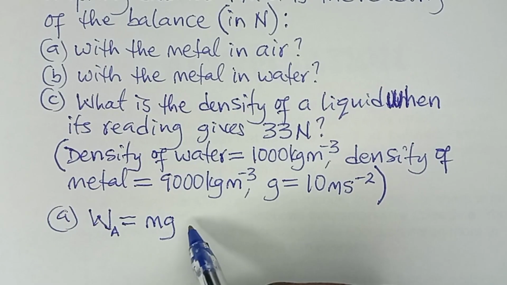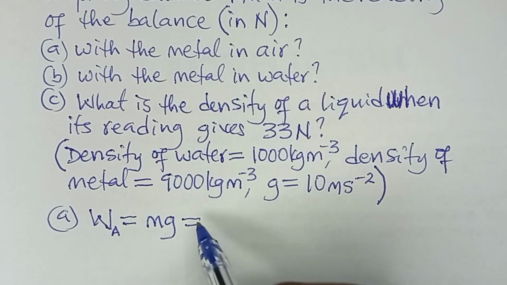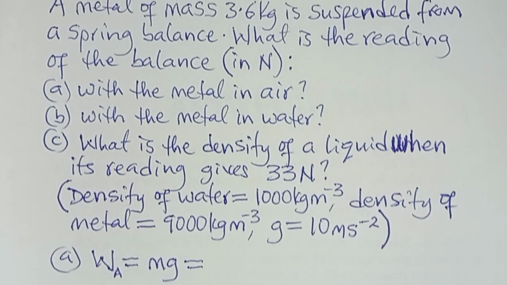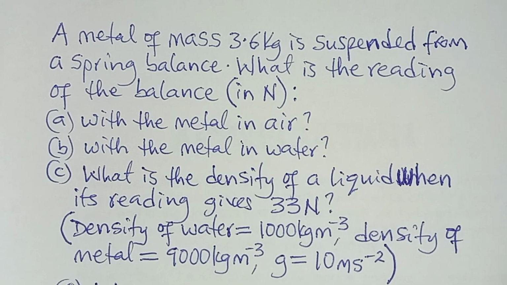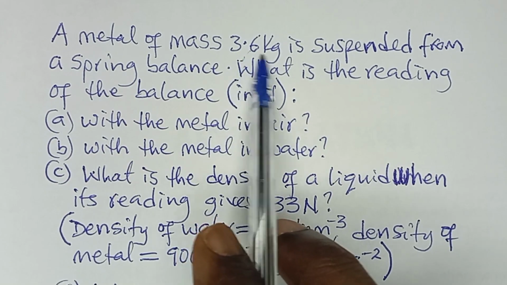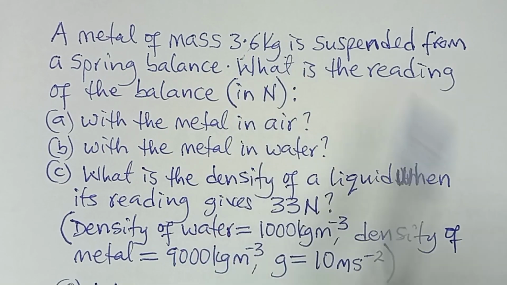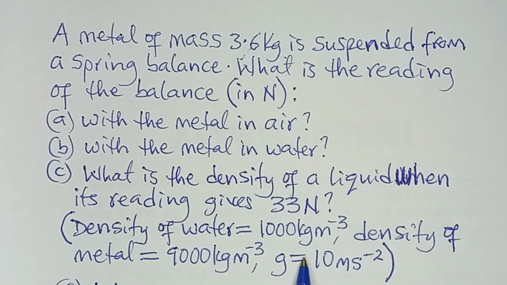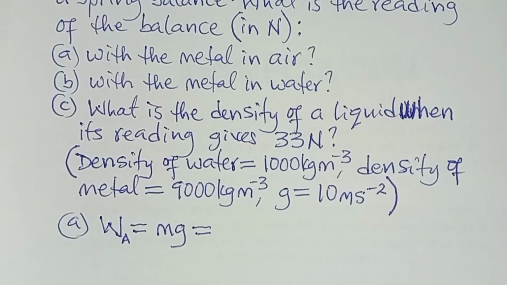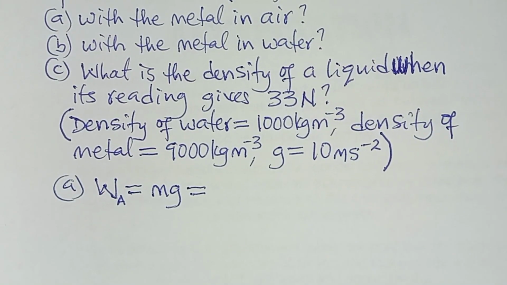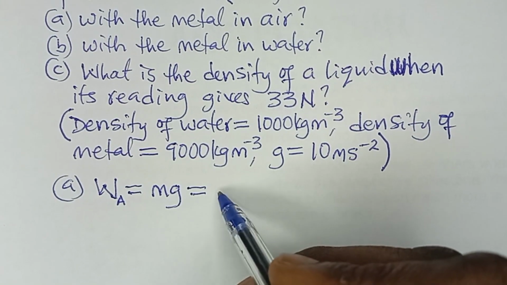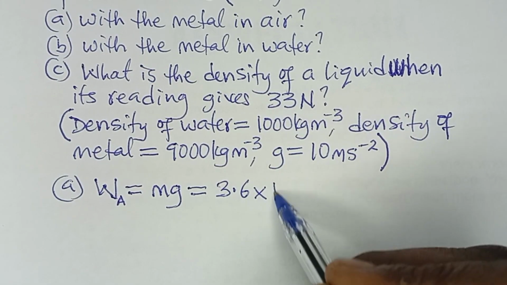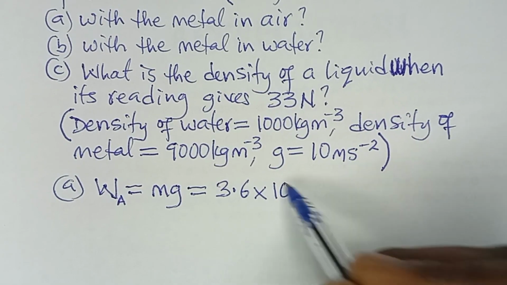And that will be equal to the mass of the object as given to us in the question. The mass of the object is 3.6 kilogram, 3.6. And acceleration due to gravity is 10 as given to us here. So we can simply multiply those two values. And we say the mass, which is 3.6, multiplied by the acceleration due to gravity, which is 10.